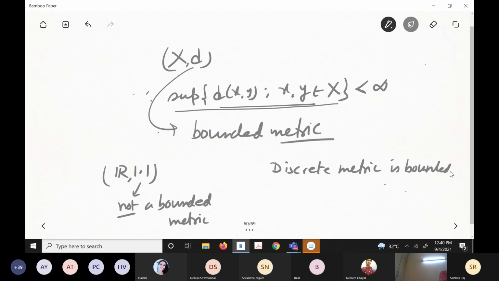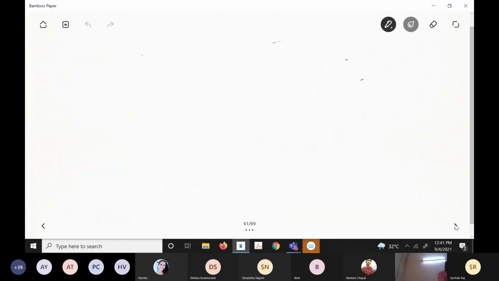Another metric: is it bounded? This metric I have given in example 4 on the non-negative reals. Is it bounded? No, sir. This is not a bounded metric.